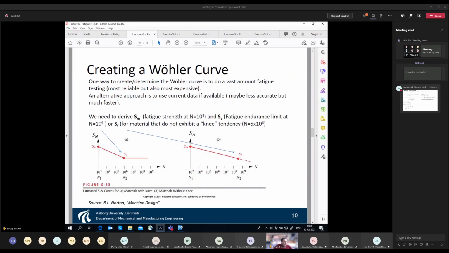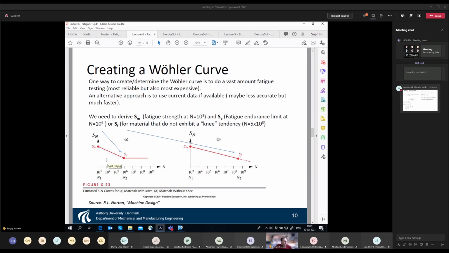What we have is this red line, the Wöhler curve, which is a division line between the possible combinations of number of cycles and level of loading, and impossible. Impossible meaning that if your point is somewhere here, then it's impossible to have this amount of cycles at this amount of loading without failure. So here we have failure, and here we have no failure.